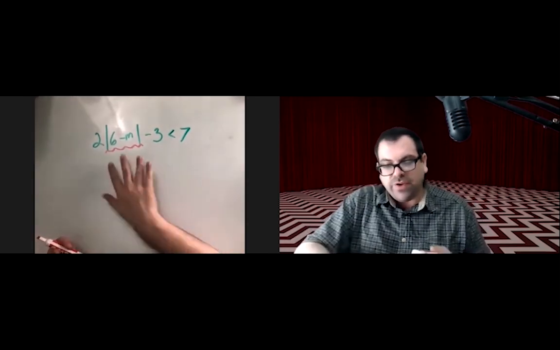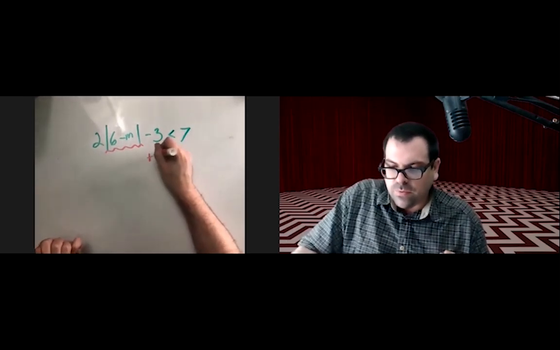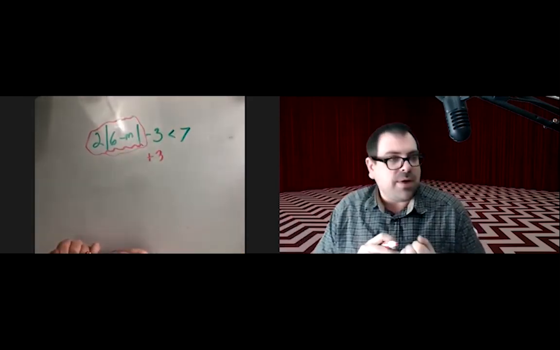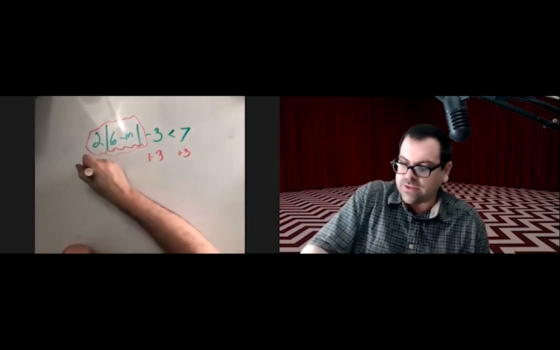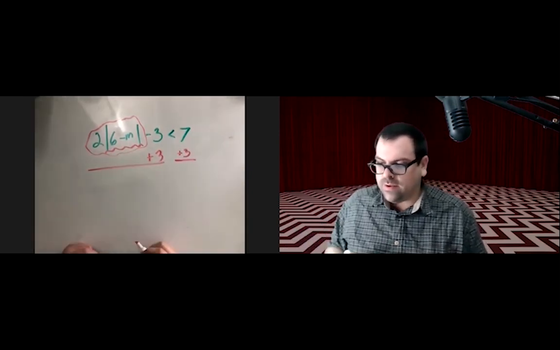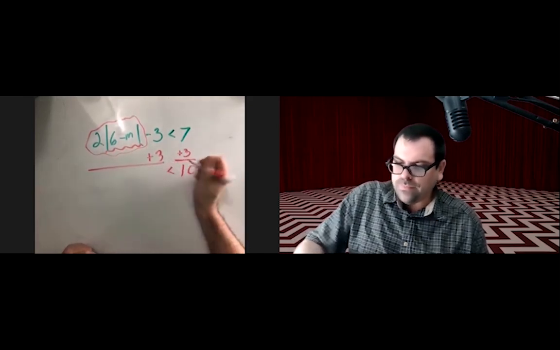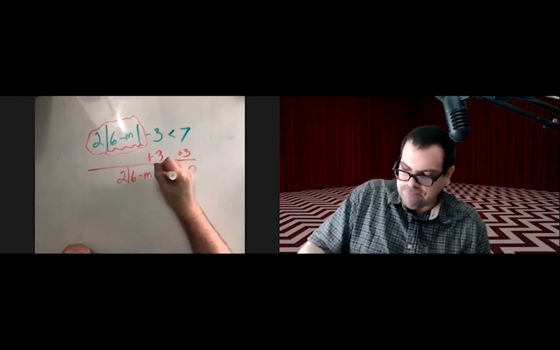It's just like solving for the absolute value. So we want to get the absolute value by itself. We've got to get the term with the absolute value in it by itself. Undo minus 3 with plus 3. We're left with 2 times 6 minus m.